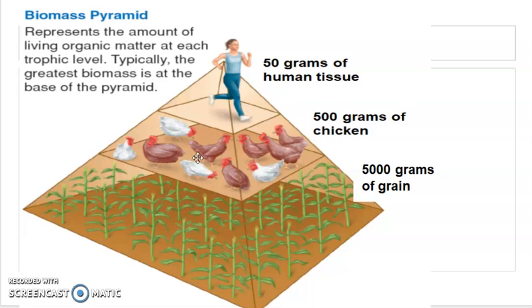That is why these biomass pyramids are very critical to study, because we cannot have a direct relationship between the area of agriculture and feeding human beings. It depends on which one is eaten by whom and how it fits into a biomass pyramid.